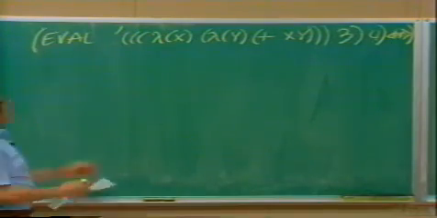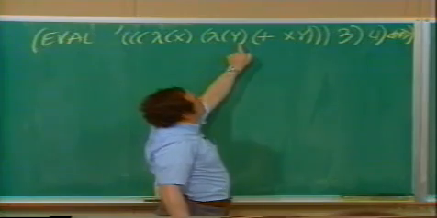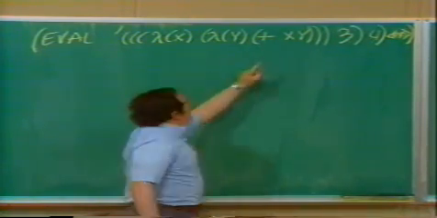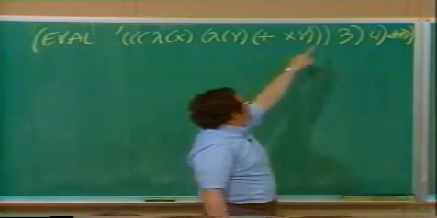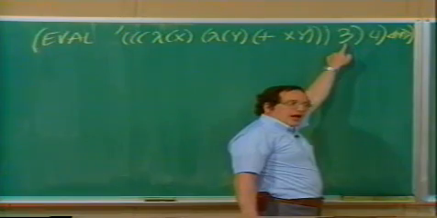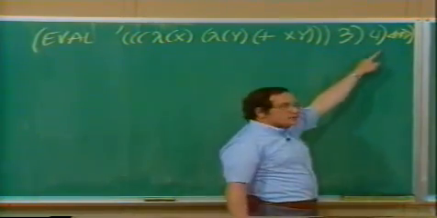So what we have here is a procedure of one argument x which produces as its value a procedure of one argument y which adds x to y. We are applying the procedure of one argument x to 3, so x should become 3. And the result of that should be a procedure of one argument y, which we will then apply to 4.